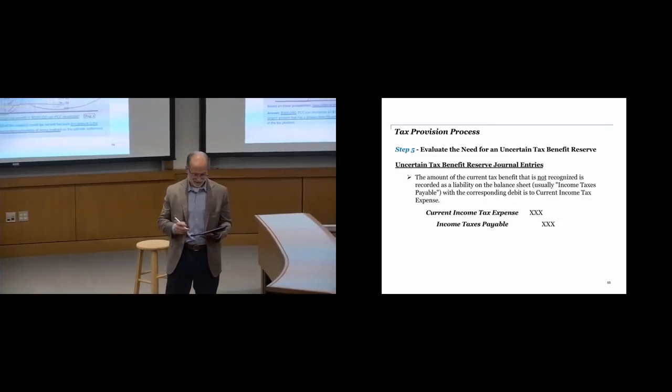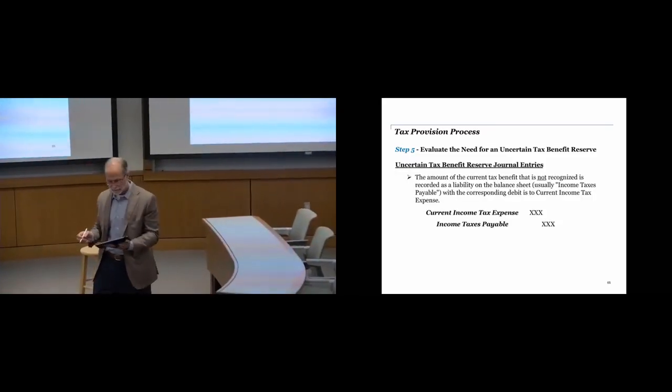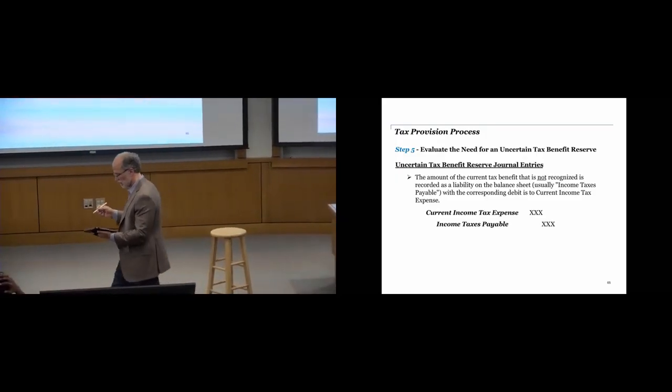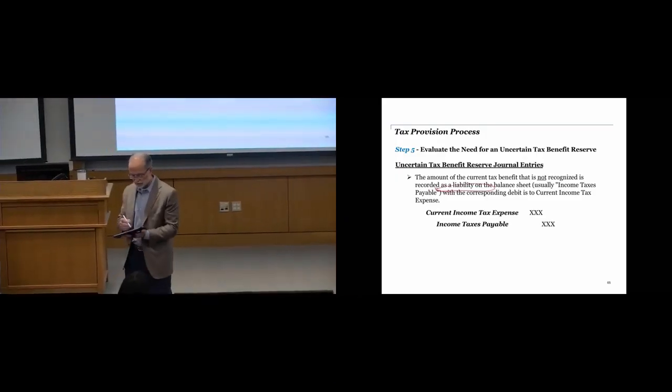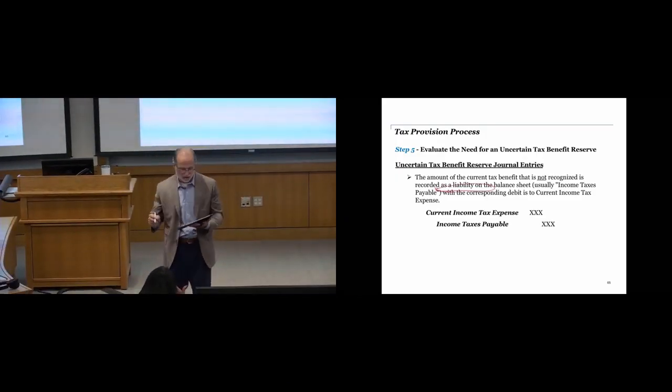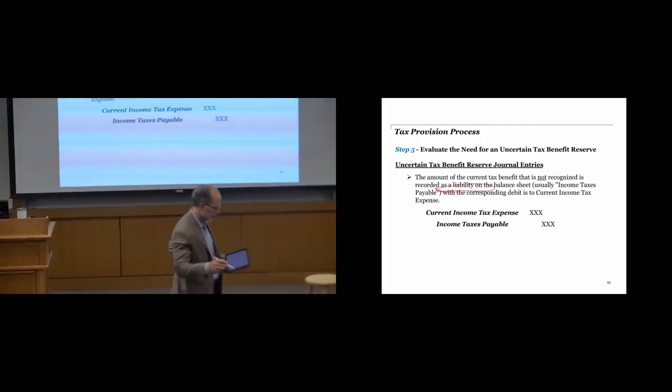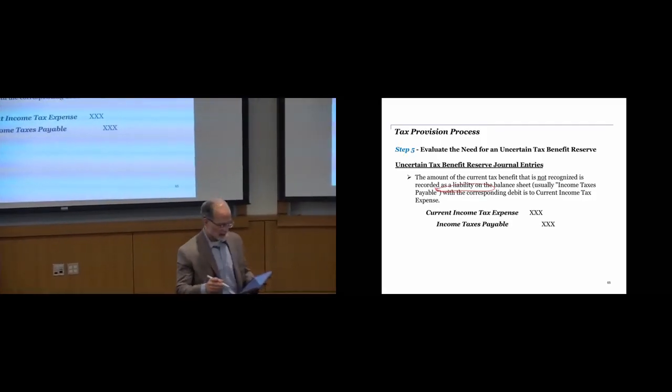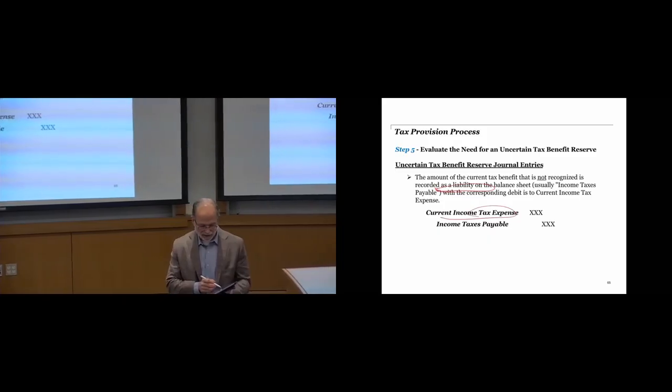Good question. Okay. The amount of the current tax benefit that is not recognized is recorded as a liability on the balance sheet. Usually income tax payable with a corresponding debit to current income tax expense, right?